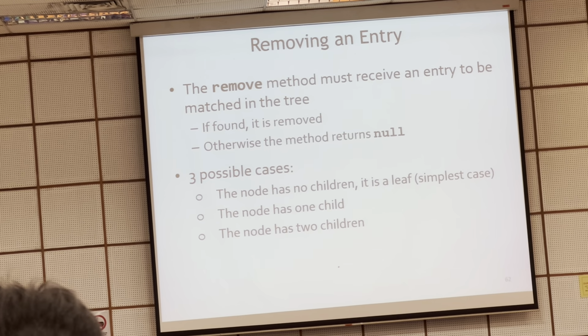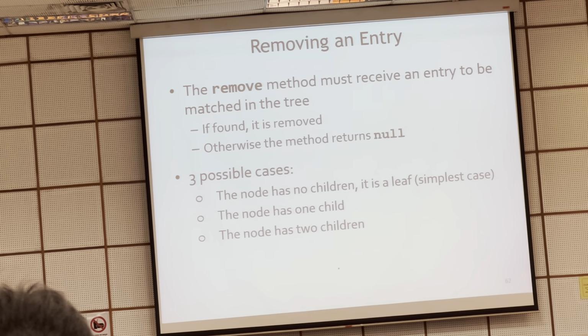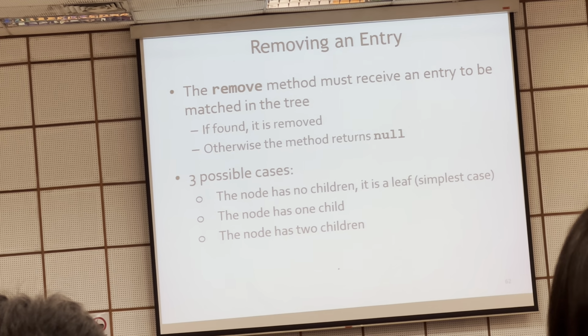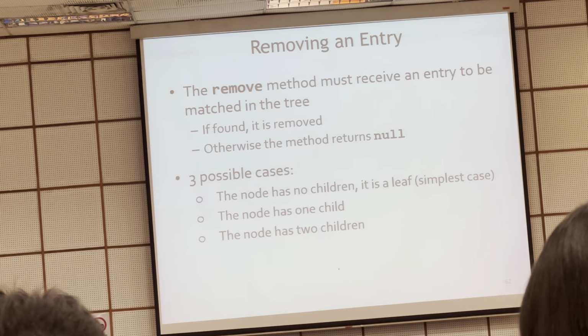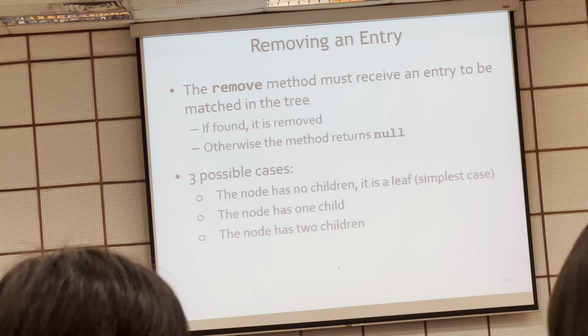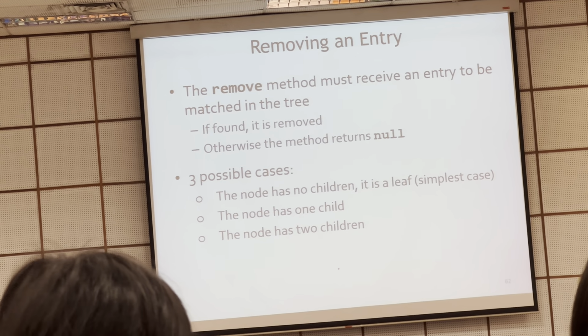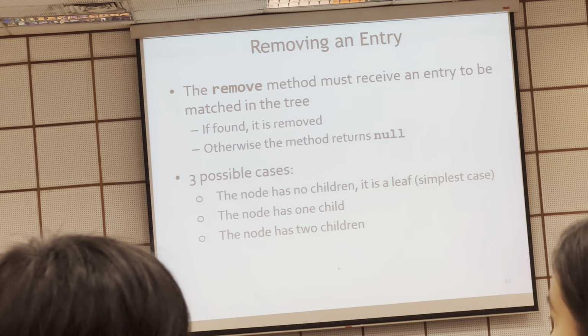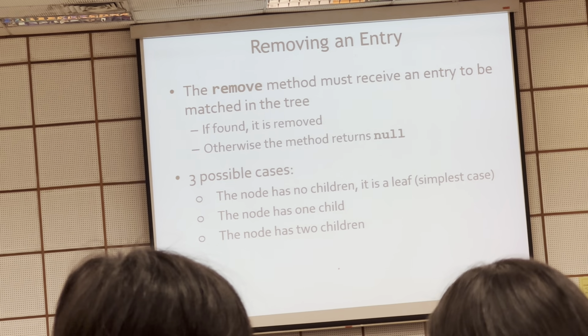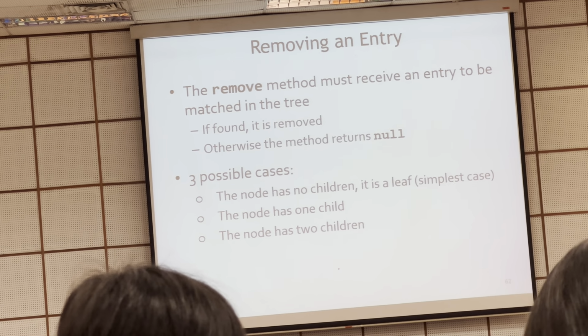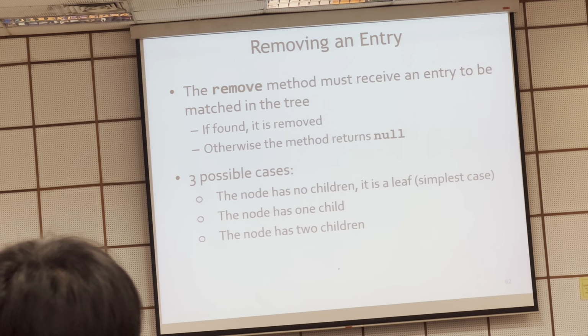And then you must figure out how to remove it. How do you remove a node with no children? How do you remove a node with one child? How do you remove a node with two children?